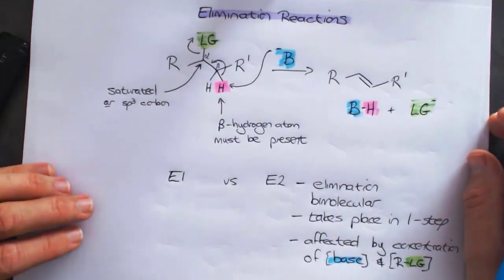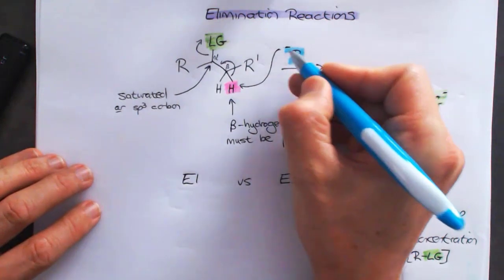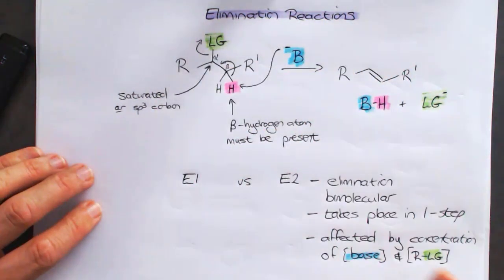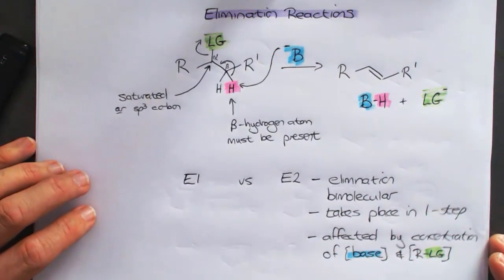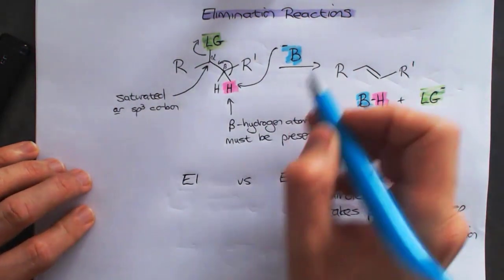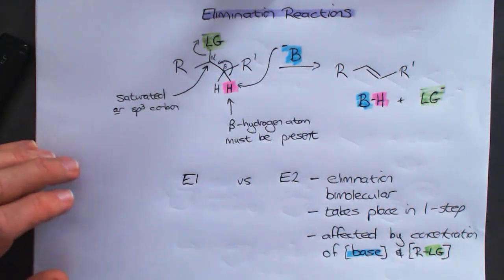It all happens at the same time, and what we've drawn over here is the equivalent of that. The base picks up the proton, these electrons leave, and it all happens at the same time. Just like SN2, there are stereochemical consequences, but we'll explore that in a future lecture. This is one of the reasons why we need to know the differences between the two.